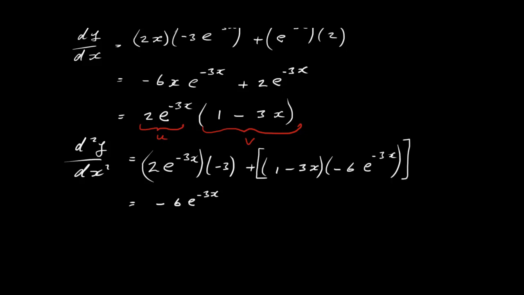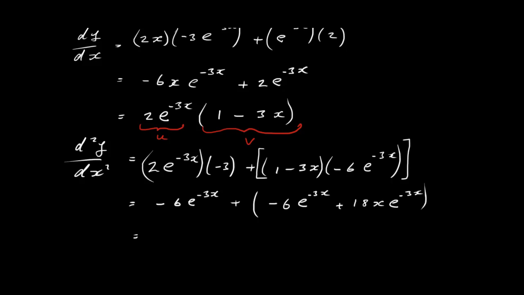So it's going to be plus minus 6e to the power of minus 3x. Minus minus is plus, and that's 3 6s, 18e to the power of minus 3x, and there's actually also an x there as well. I'll just put that in here. So it's going to be minus 18 x e to the power of minus 3x.